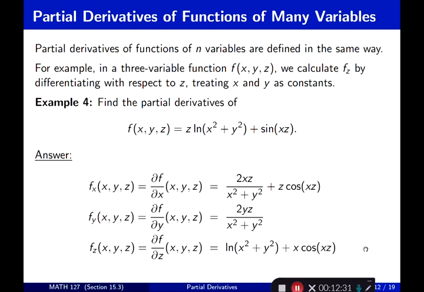So at each step we were very careful, when we were taking the partial with respect to each input variable, to set the other input variables to a constant, and we continue.